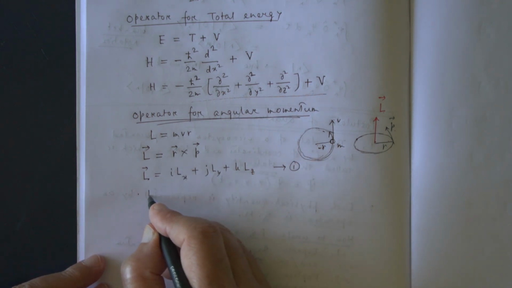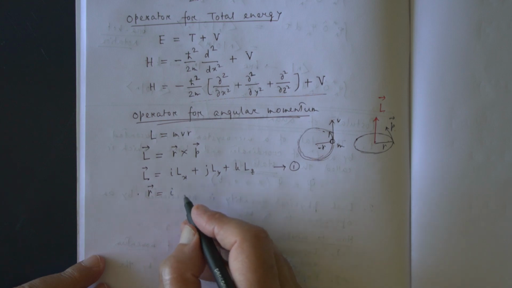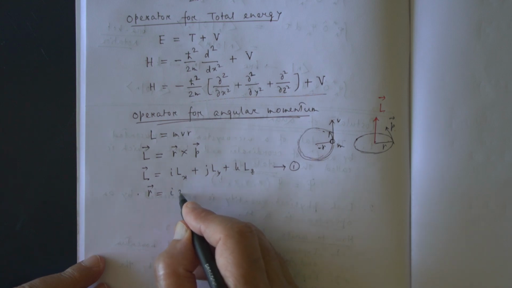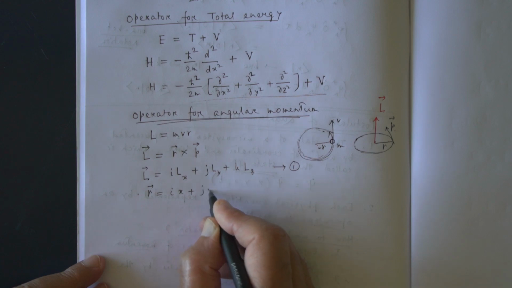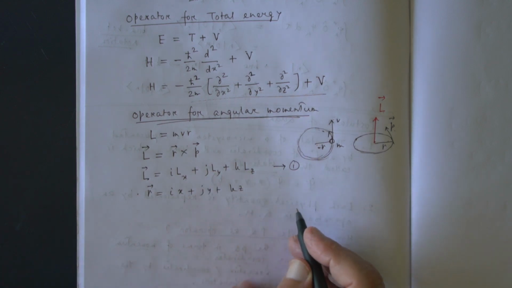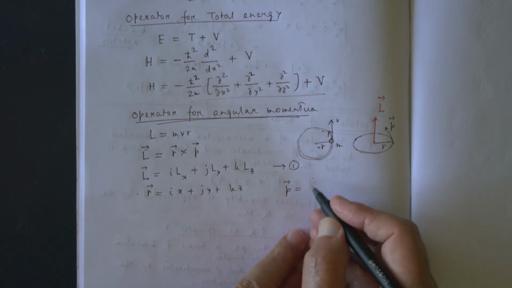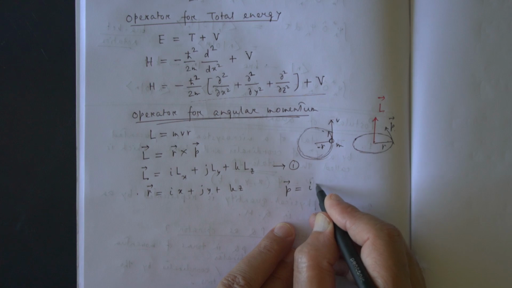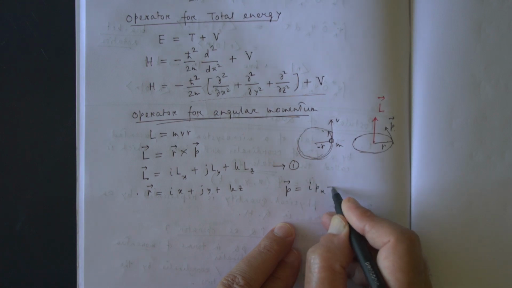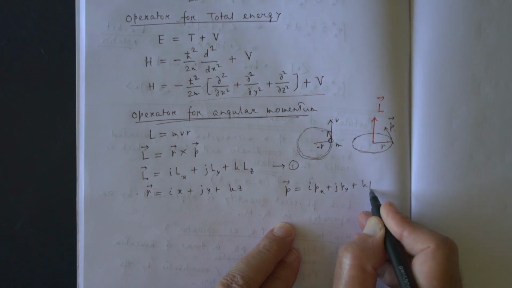Now similarly, the radius vector can also be represented like this: i x, j y, k z. Similarly, the momentum vector can also be represented like this: i px, j py, k pz.